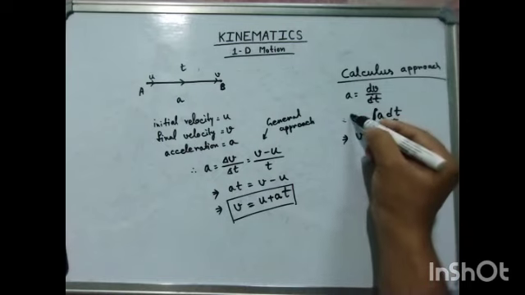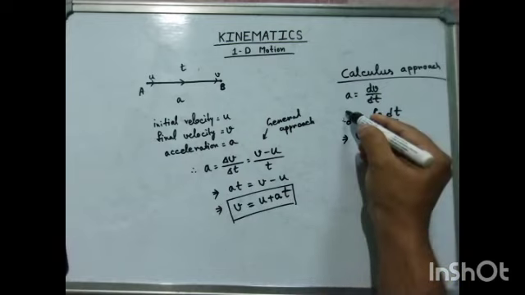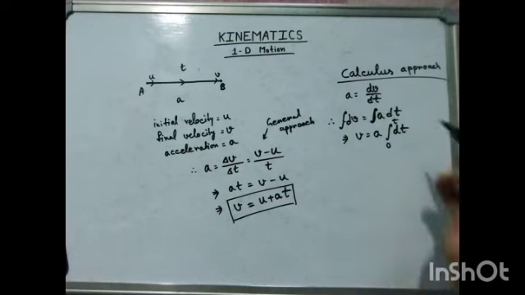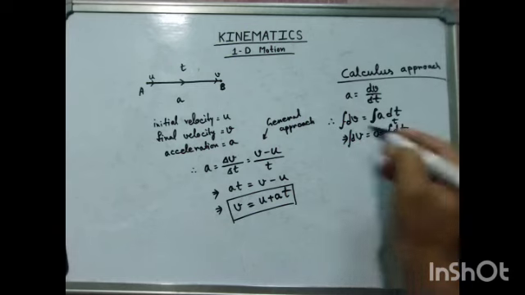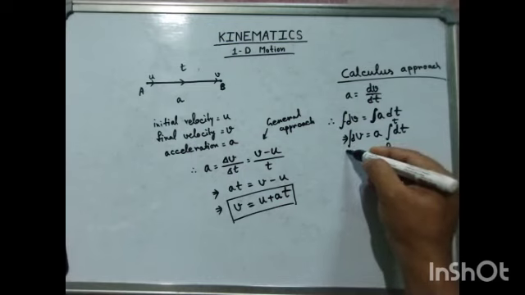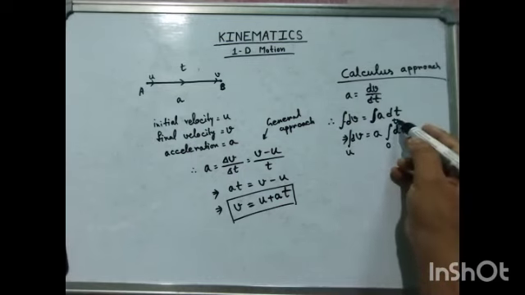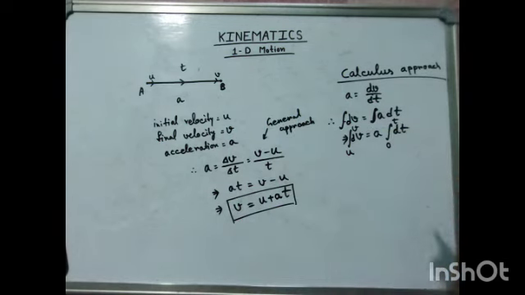So this is dv equals a dt. If we integrate both sides, integration of dv equals a dt. At t equals 0, the velocity was u, and at final time t, the velocity is v.